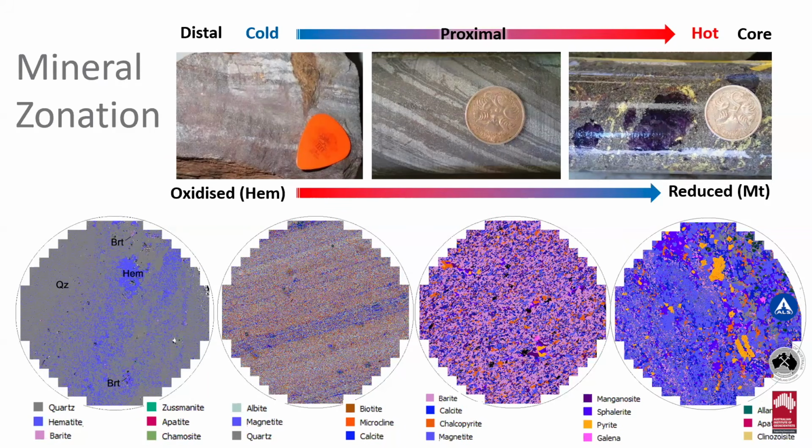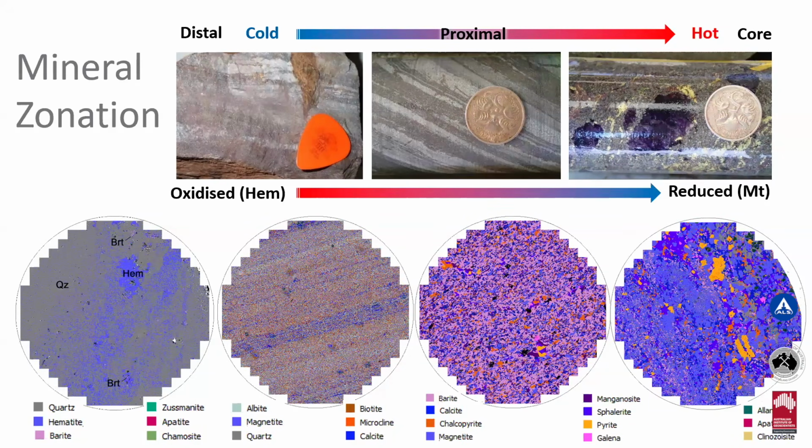When you get into the middle of the system, what you're seeing is a barite, calcite, magnetite, manganosite, sphalerite, pyrite, galena assemblage, and some huge chunks of fluorite in there.